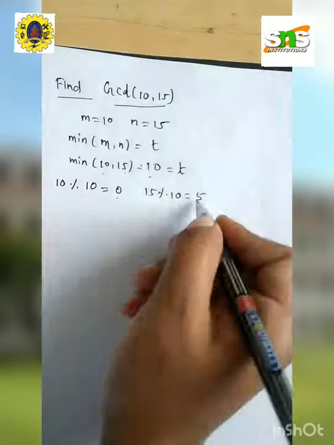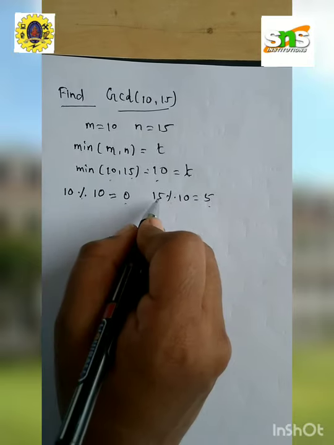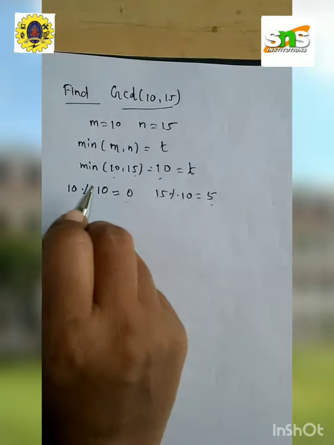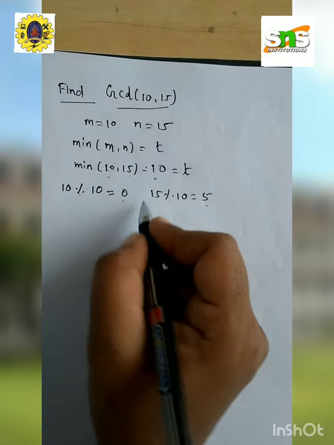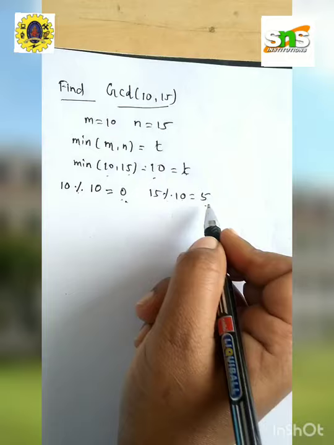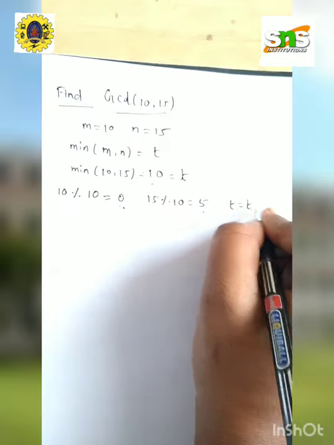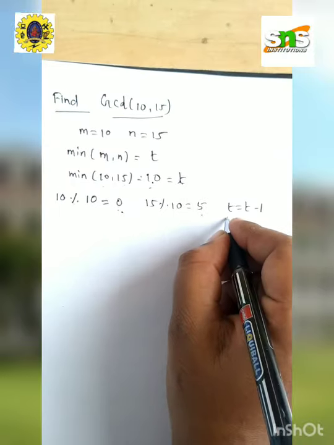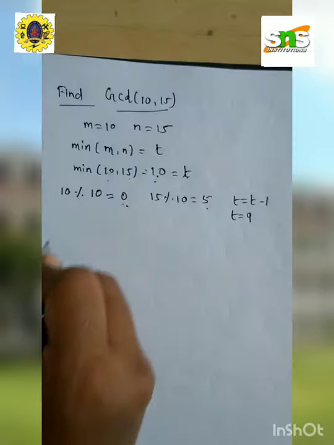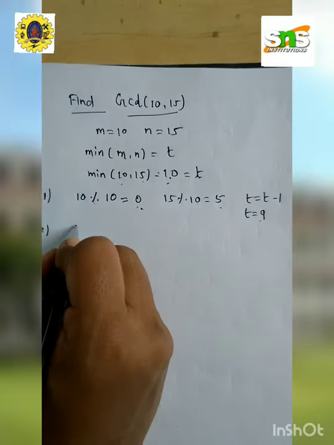Check whether both n mod t and m mod t are 0; then you can stop the process. If one is 0, you want to continue. It's 0, it's 5. So decrease t is equal to t minus 1. The t value changes from 10 to 9. Now in the second iteration, take the t value as 9, then proceed.